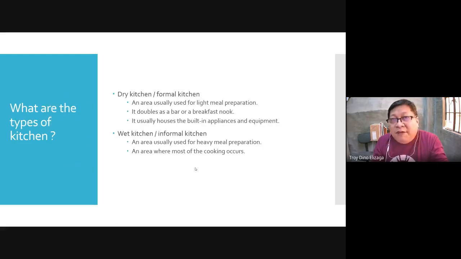Now, in the Philippines, and I think some other Asian countries, but definitely here, we have what we call a formal and informal kitchen. Last time I mentioned that the toilet used to be outside of the house, an outhouse, and it's the same with the kitchen. The problem was really the utilities.